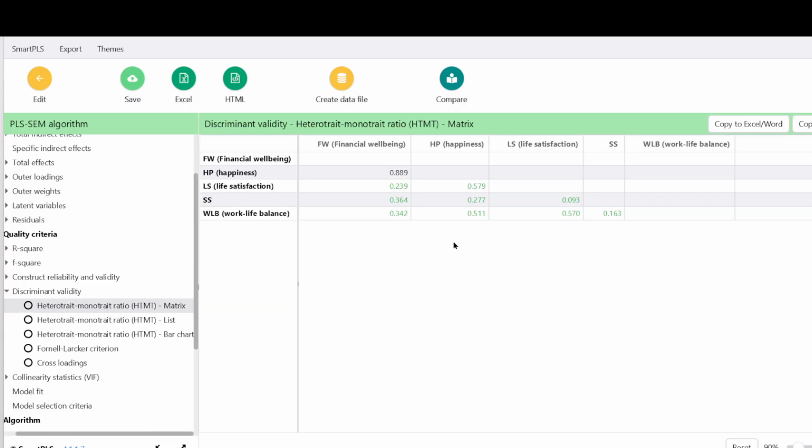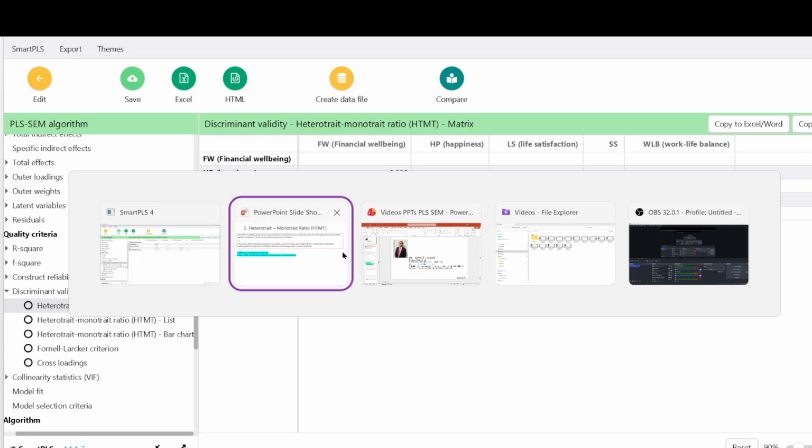Once you click on this, you can find all the values, and the majority of them are in green color, so they do not have any kind of problem. But for the happiness construct it's slightly higher, 0.889, so it should not be higher than 0.8. Now you can copy this to Word and Excel.